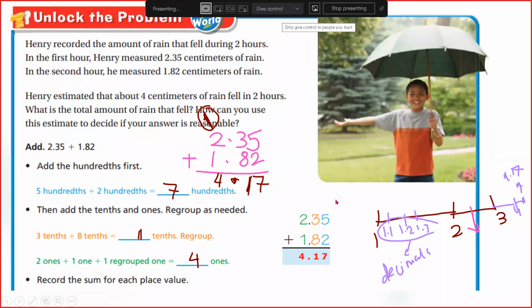Okay, thank you. So now here the final answer, as you see, is 4.17. Is it clear? Yes, I told you 195. Did you finish writing? Okay.